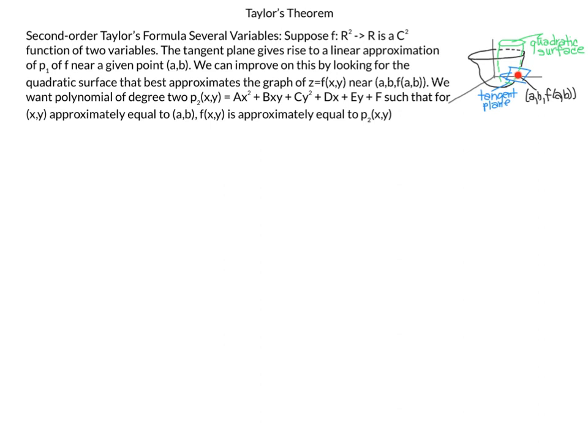But we can improve this approximation by looking at quadratic surfaces, something with more curves. So in other words, we're going to introduce the second order variables. So we can have x squared, y squared, and x times y. So now we can have a quadratic surface to approximate this surface at this point.